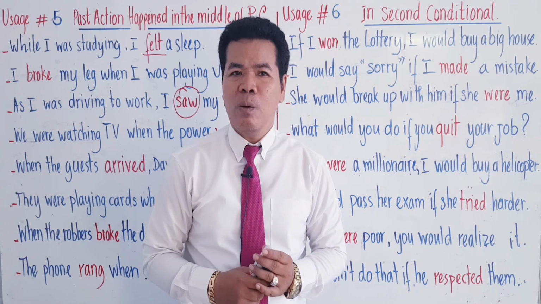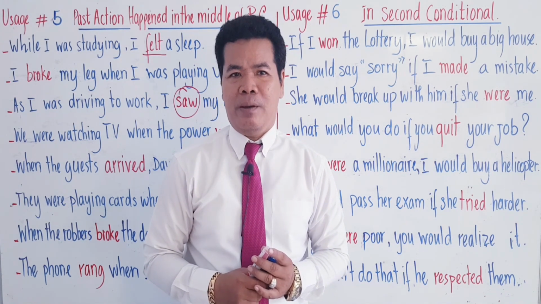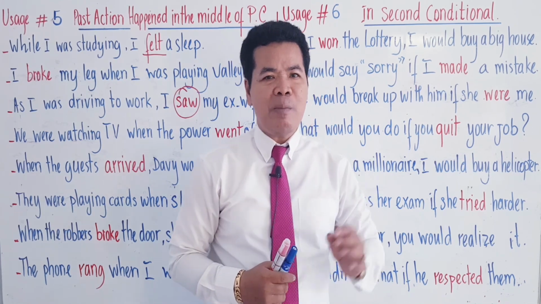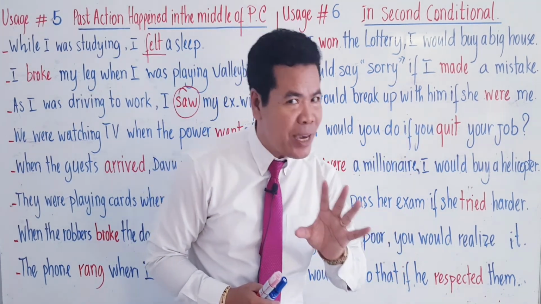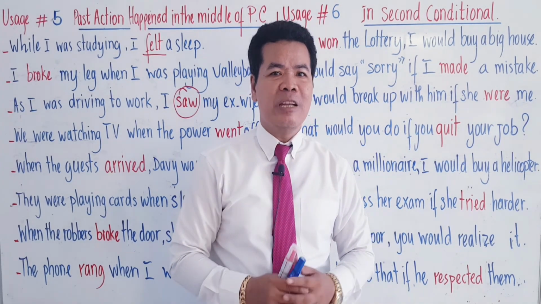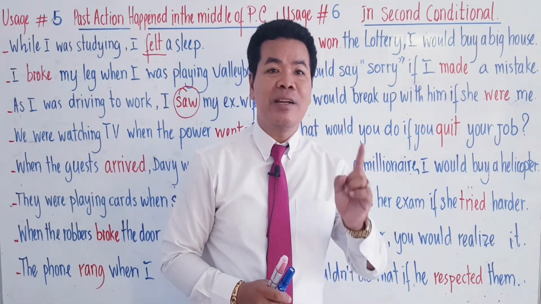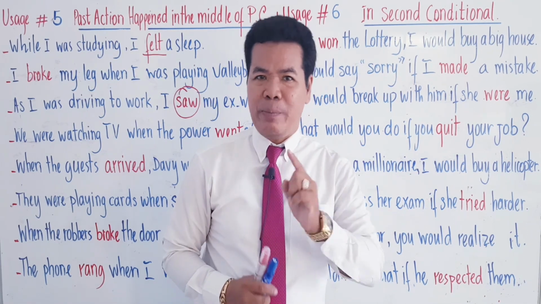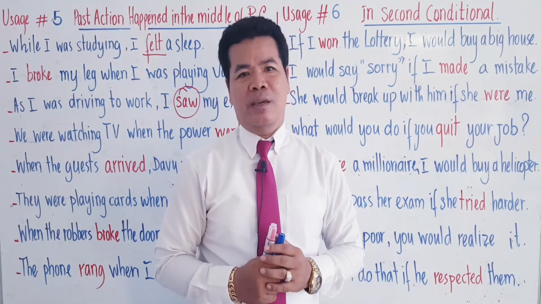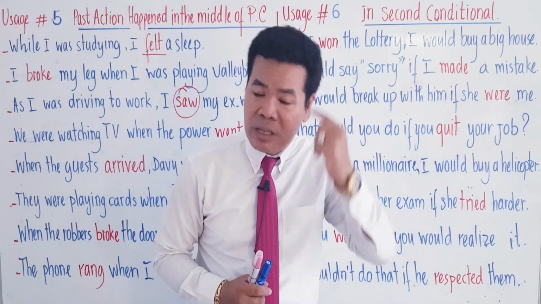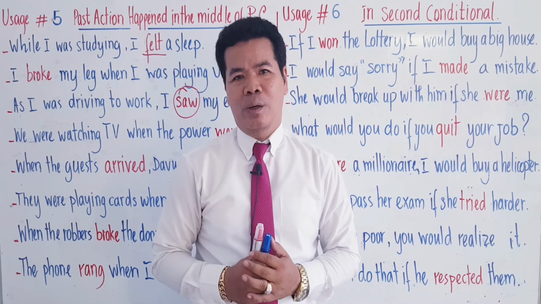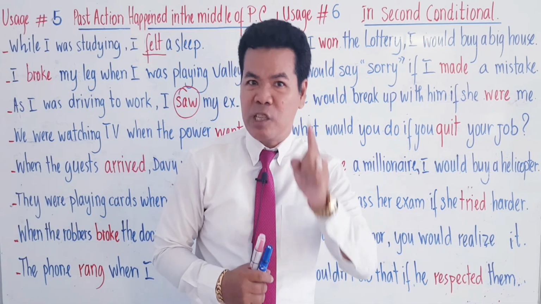Listen to me one more time, alright? We use second conditional to talk about situations or actions in the present or in the future that are not likely to happen or are imaginary, or hypothetical, or impossible.